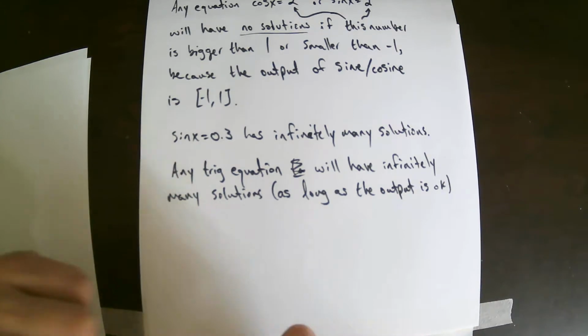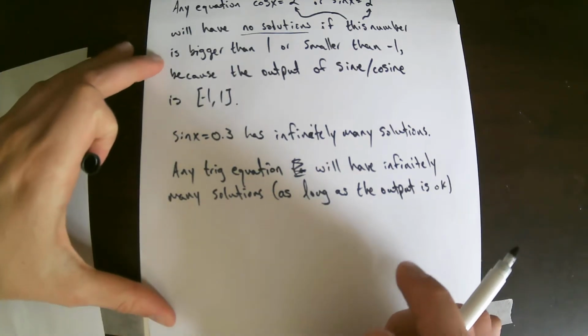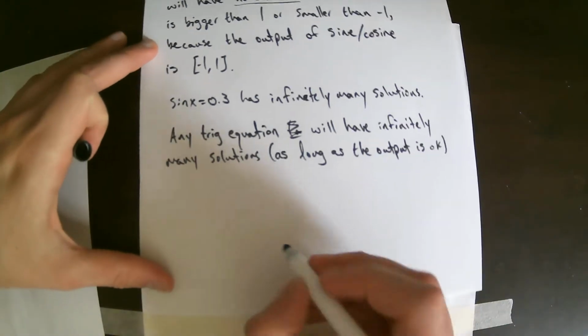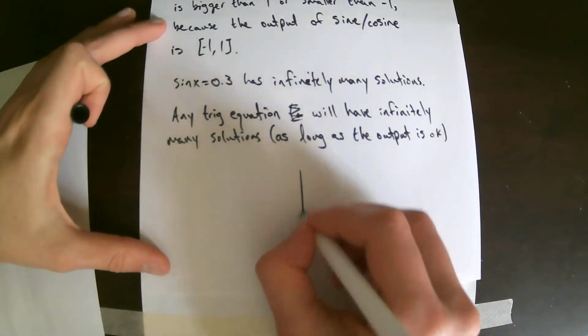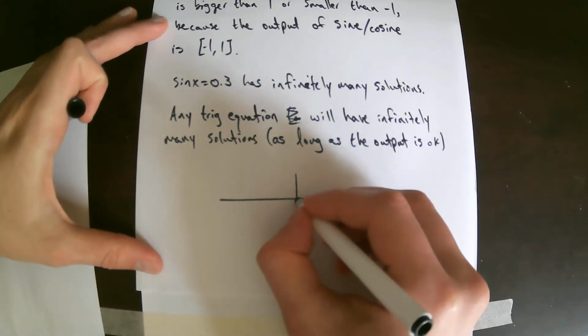And why does it have infinitely many solutions? Well, because of the nature of this sine graph. This sine graph, or cosine graph, or even tangent graphs, they're periodic. They repeat.